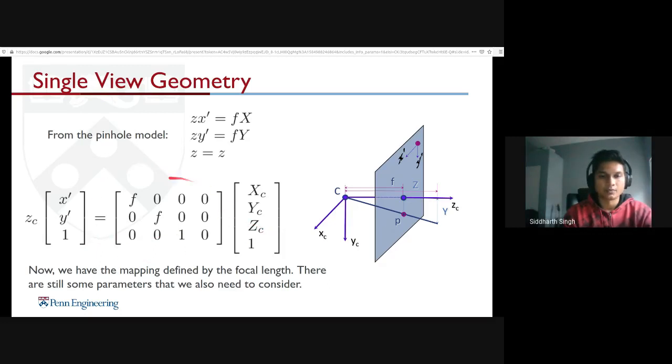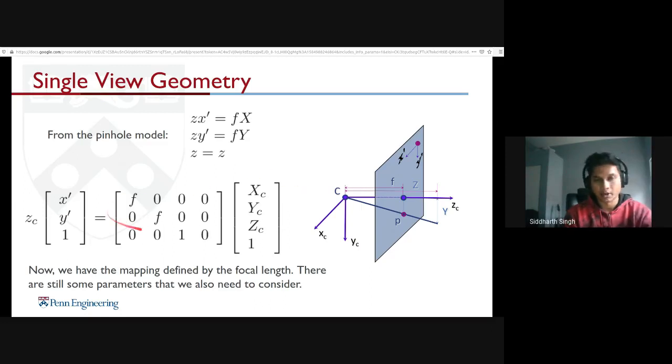So now we have this focal length, which is in the x direction and in the y direction. More often than not, the focal length in the x and y both directions will be the same. There might be specific lenses where it's not, but it would be rare to come across them.